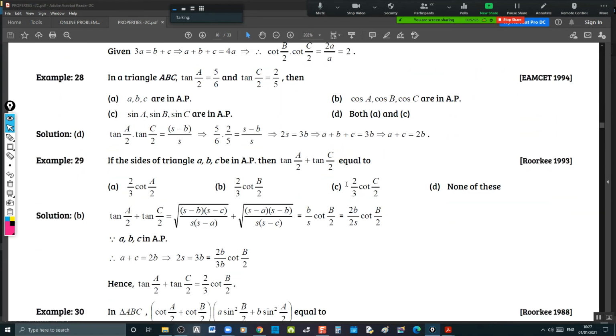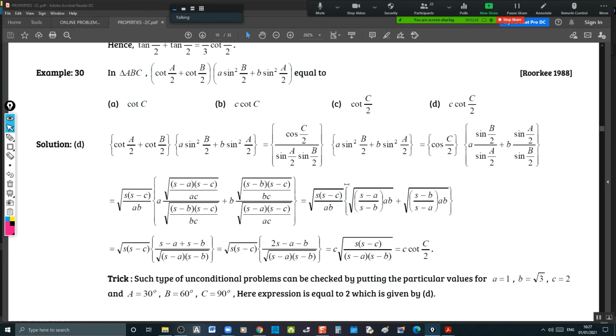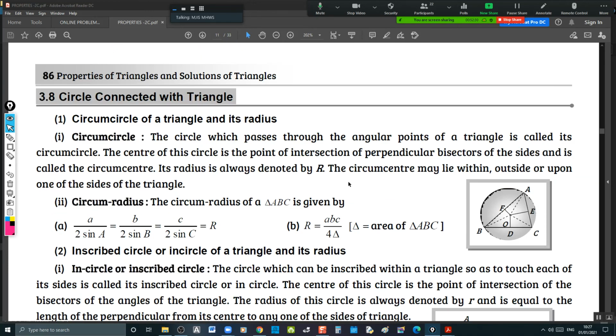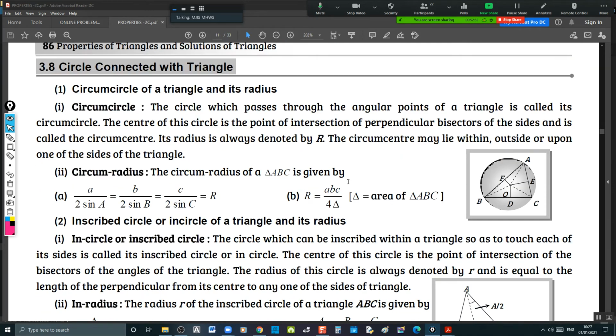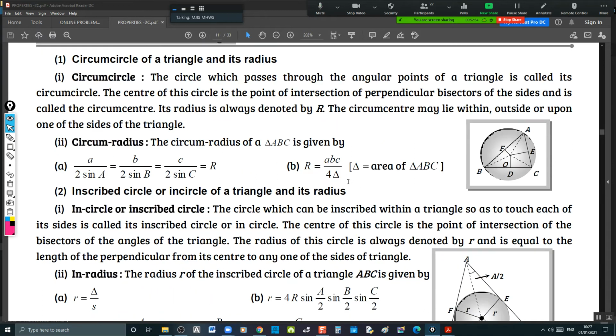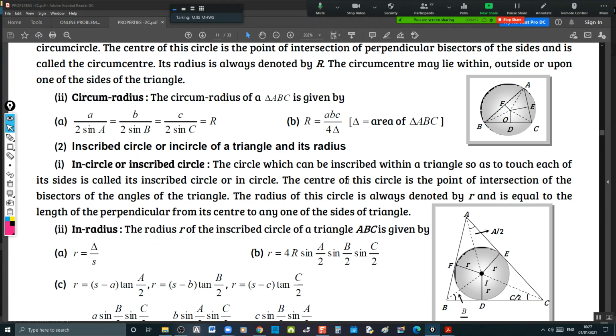Now, finally, circles connected with a triangle. One is circumcircle, other one is incircle. This one is circumcircle. This one is in, means inside. Next will be excircle. How many circles are related to a triangle? One is circum, another one is in.